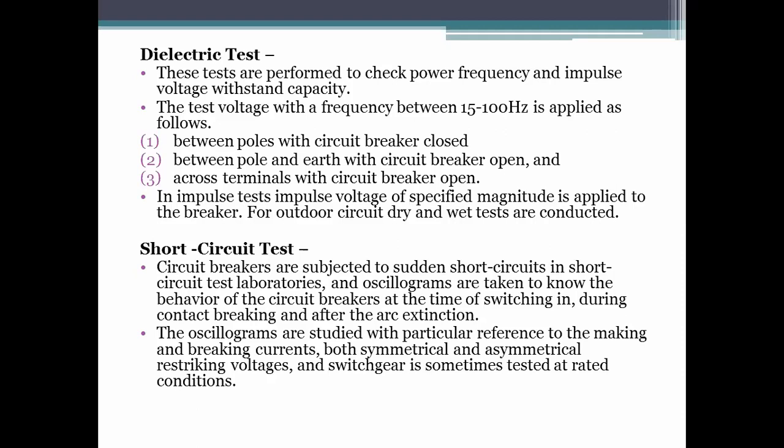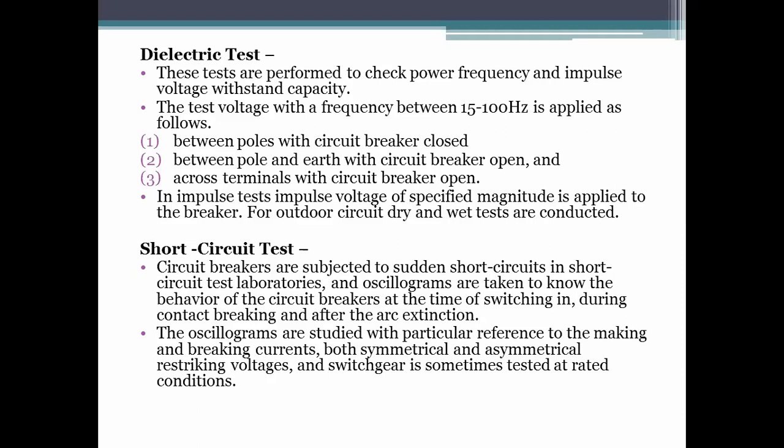So we know that when we start extinguishing the arc, what happens? Actually, when there is an arc, it has some ionized particles.